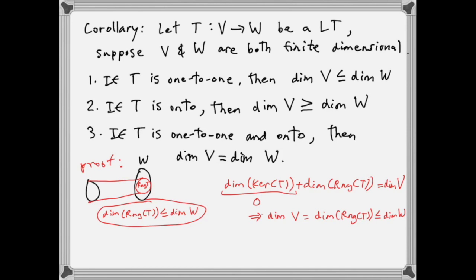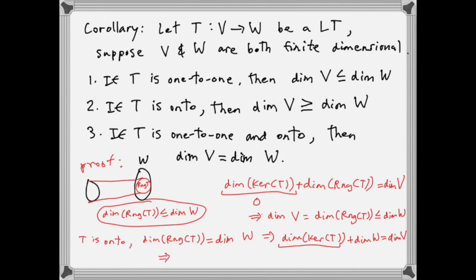Now, what about if T is onto? Okay, so if T is onto, then this means that the dimension of the range of T is equal to the dimension of W. So this implies that the dimension of the kernel plus the dimension of W is equal to the dimension of V. So something plus dim W equals dim V. So in other words, dim V is less than or equal to the dimension of W. Oh, sorry, greater than or equal to.